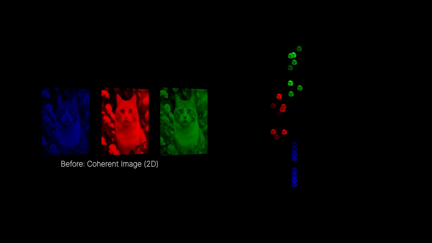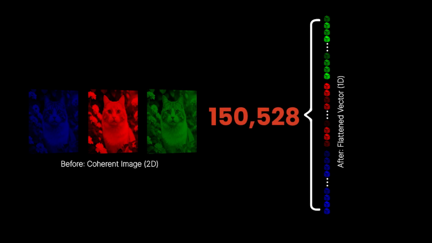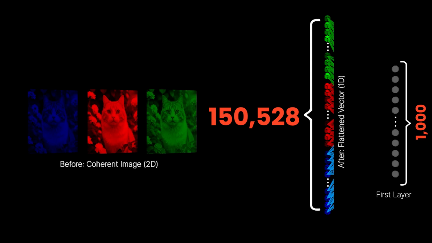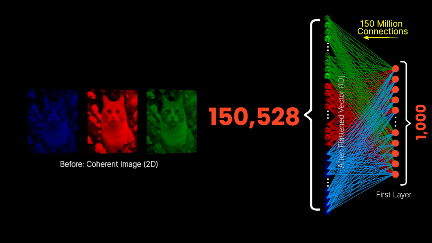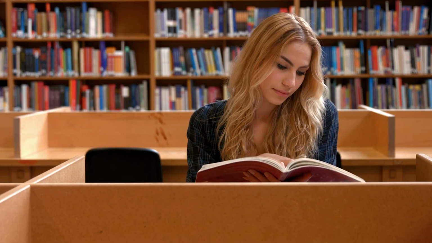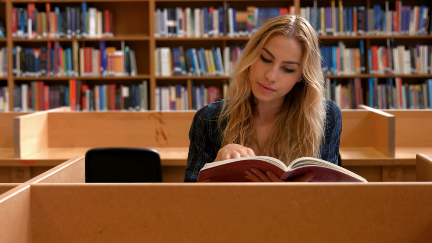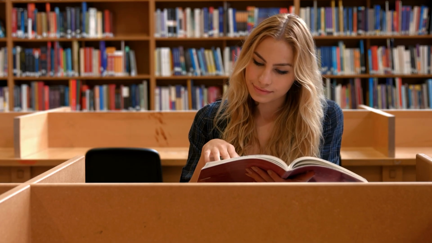One is the math explosion. That one tiny photo has about 150,000 numbers. If your first layer has just 1,000 neurons, you're looking at 150 million connections to track. It's like trying to memorize a whole library just to recognize a cat.